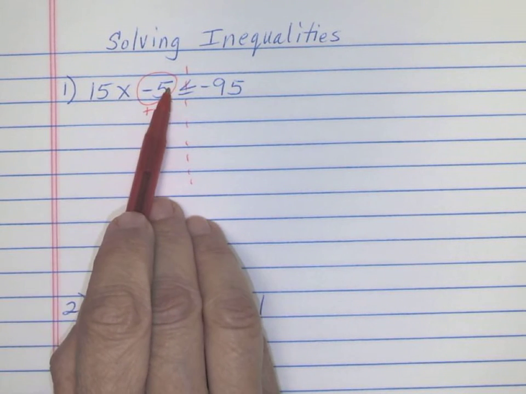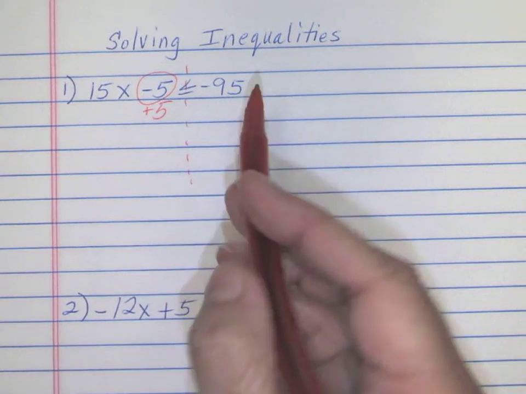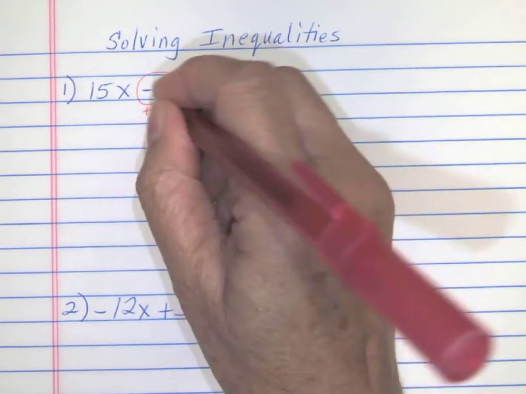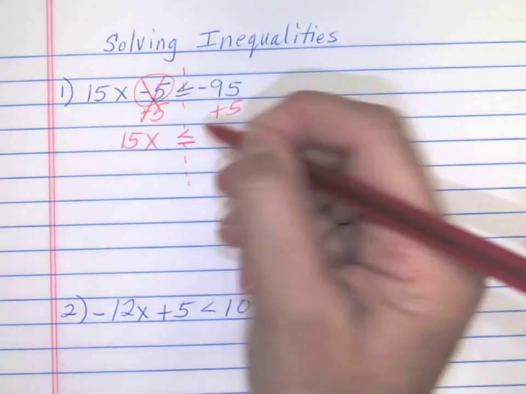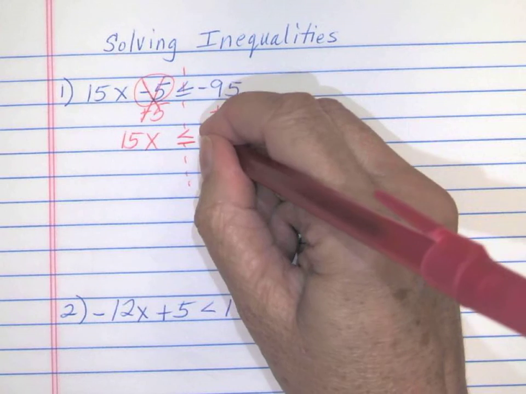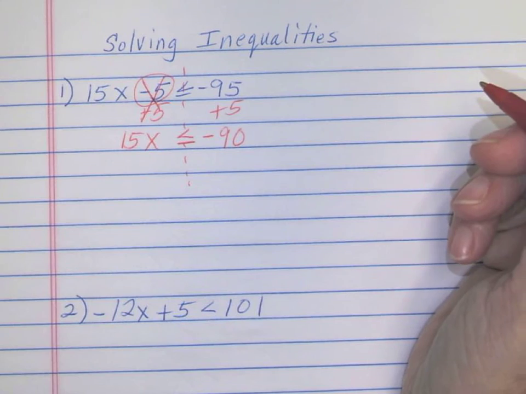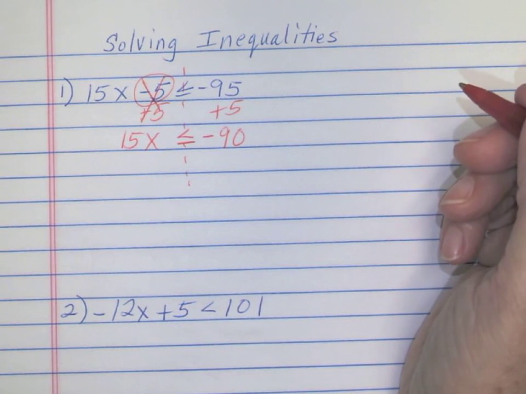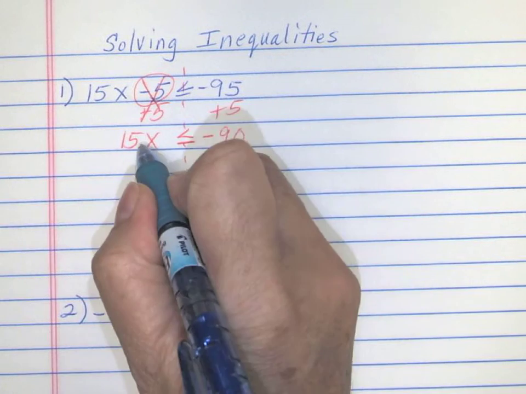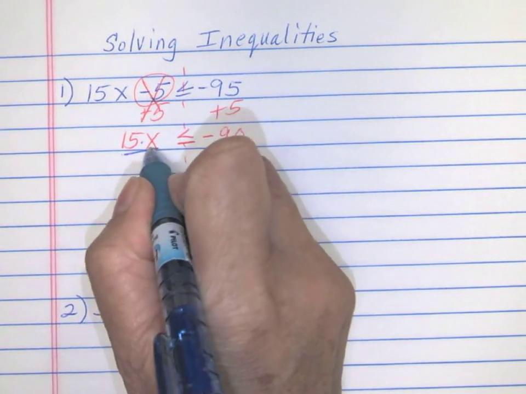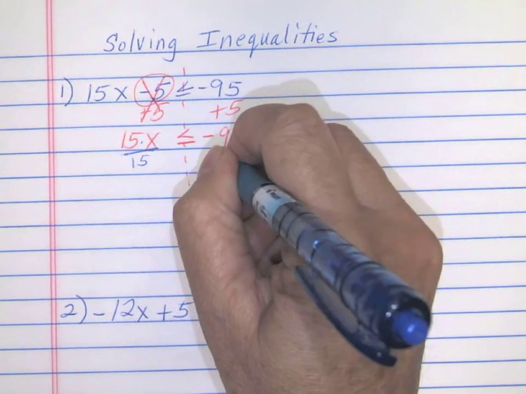Minus, the opposite is plus. What we do to one side of the equal sign, we must do to the other. This is not an equal, it's an inequality, but we still do the same steps to isolate x. So now our next move would be to divide, because there's an imaginary multiply. The opposite of multiply is divide.